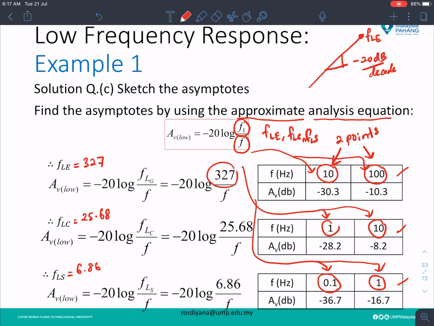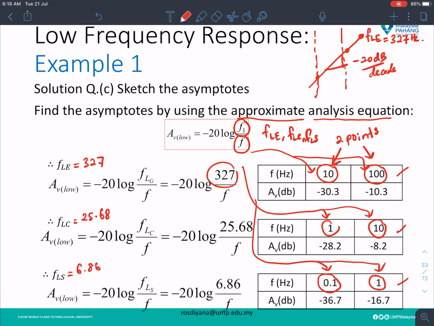This point is equal to 327 Hertz. So to get another point here and here, we take a decade in front of this 327 Hertz, which is somewhere here.